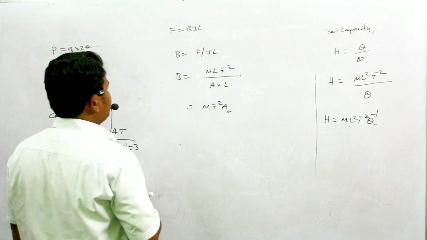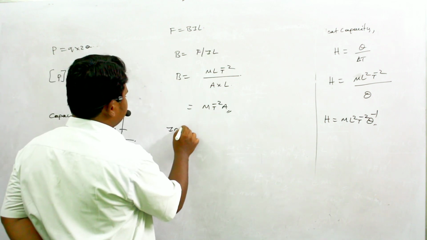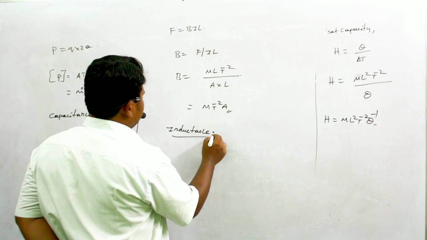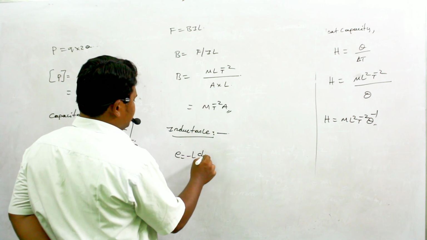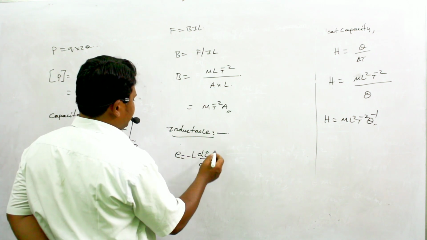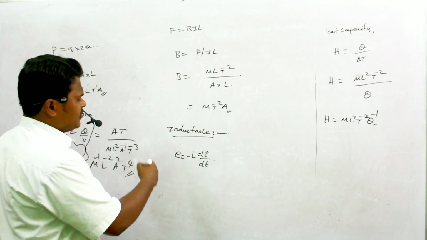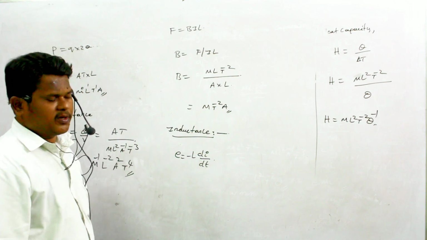Similarly, we can also find the dimension of inductance. For inductance, we have a relation E is equal to minus L di by dt. Here E is nothing but the EMF induced, or we can say the potential difference produced.